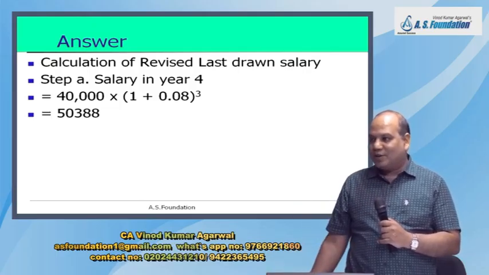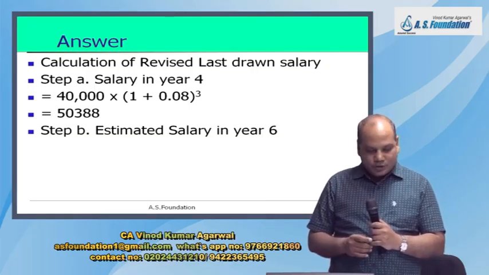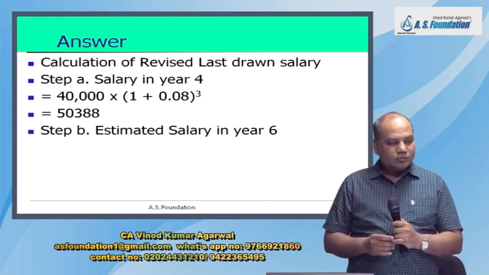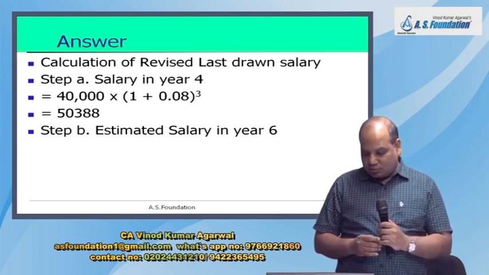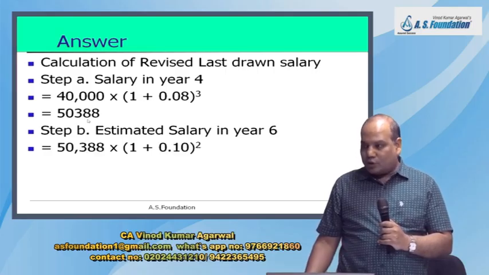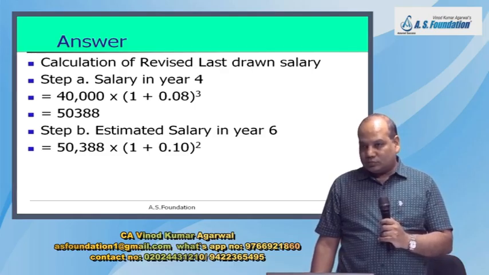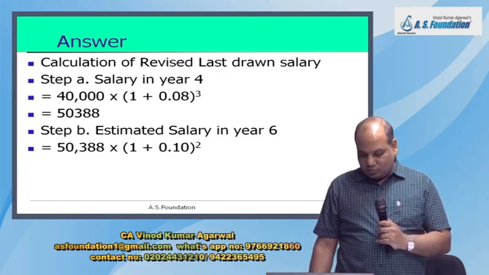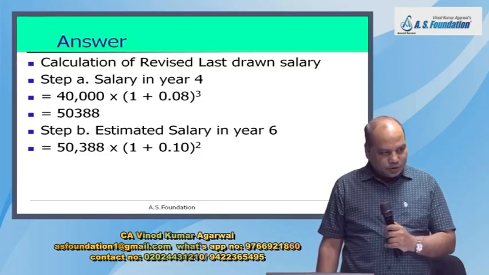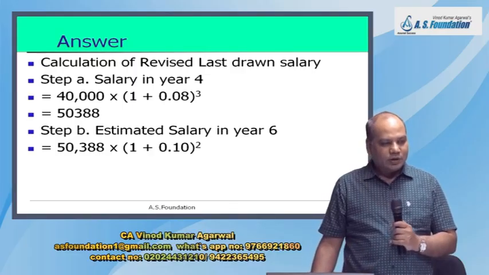Now estimate the last drawn salary. Step B, estimated salary in year 6. The effect of that growth rate will be for fifth and sixth year. 50388 is in the fourth year. Fifth year salary will increase 10%, sixth year salary will increase 10%.